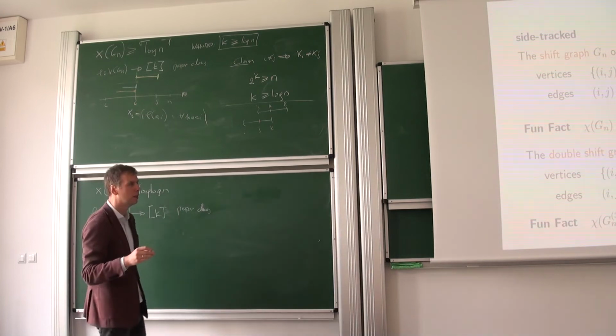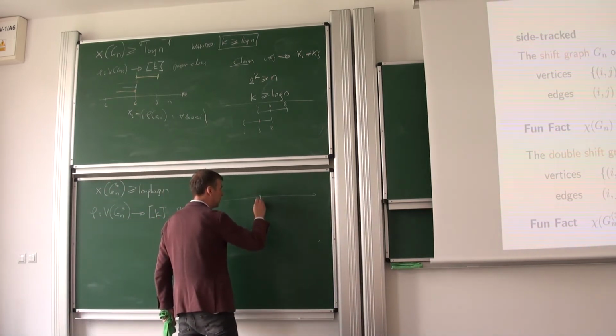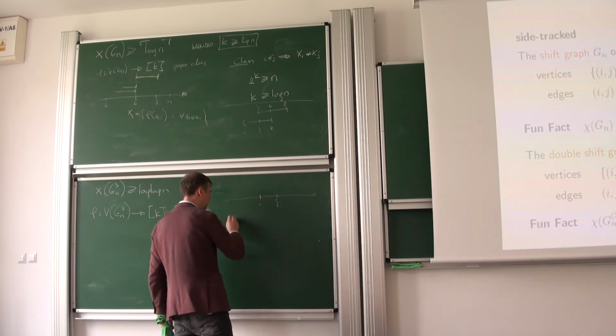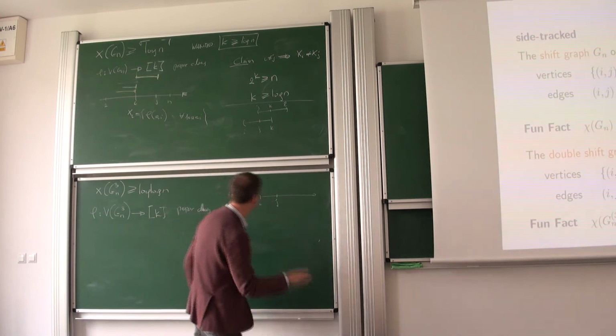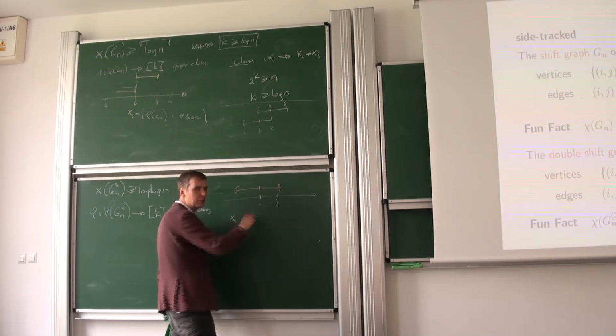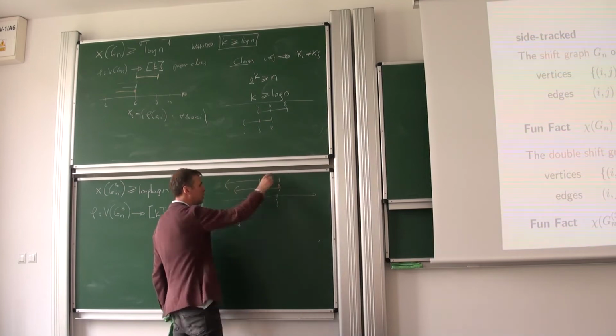And now you want to fix 2 coordinates, and you want to look at the set xij, which are all the colors that you see on triples that end here in i and j. Collect all the colors.